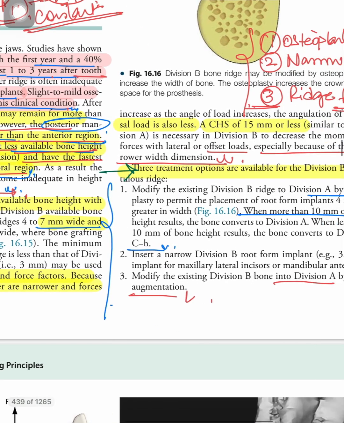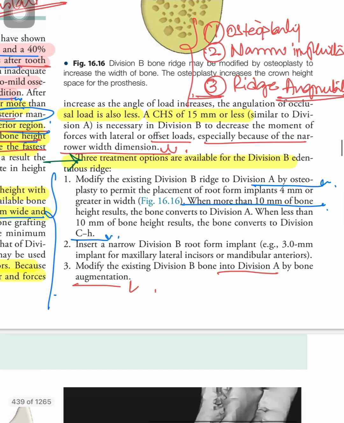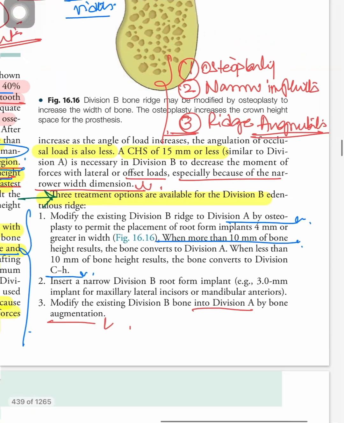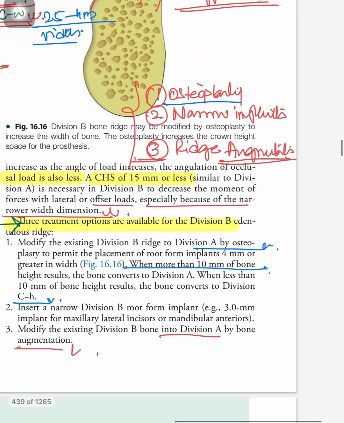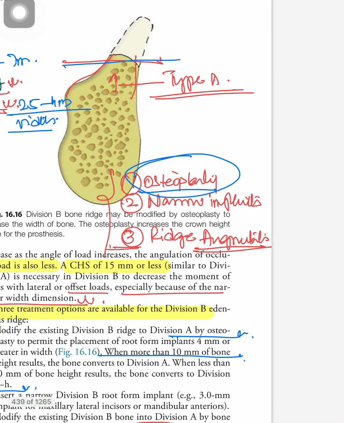implant treatment. Okay, so when you have division B bone, there are three different treatment approaches to convert it into a type A bone. The first thing is definitely the osteoplasty. You reduce the bone, and while you reduce the bone, you gain some width.